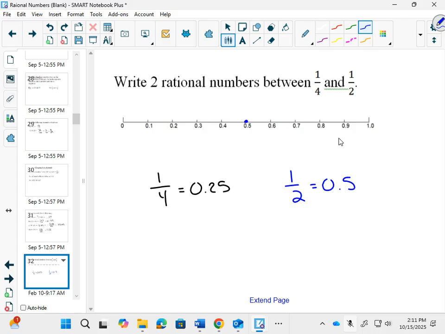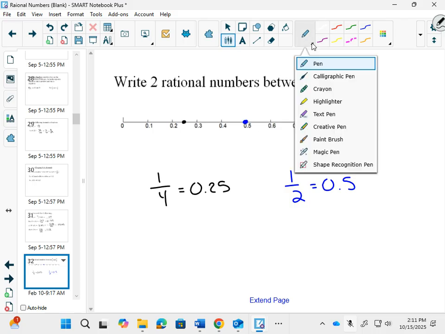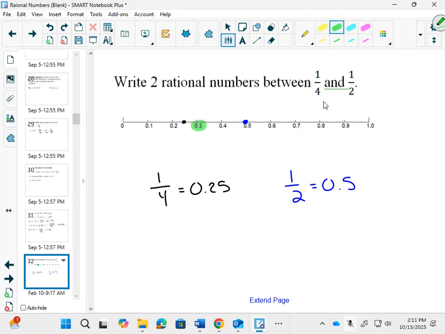So 1/2 is here and 1/4 is here. I did it on my number line. What are two numbers in between these? I'm just going to highlight them. 0.3 and 0.4 would be two numbers in between 1/4 and 1/2.